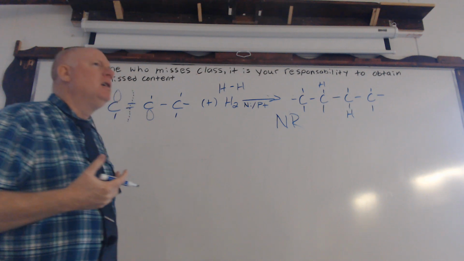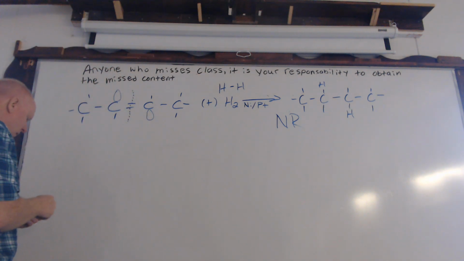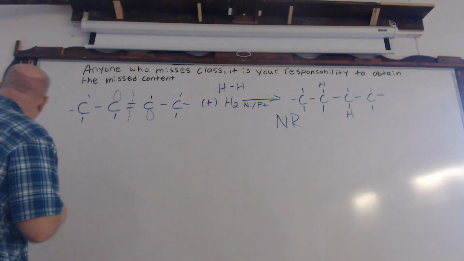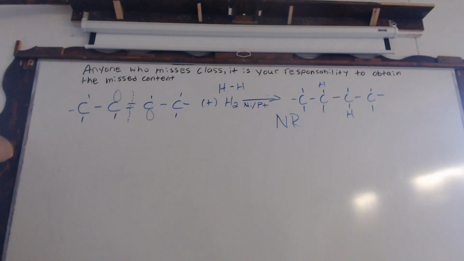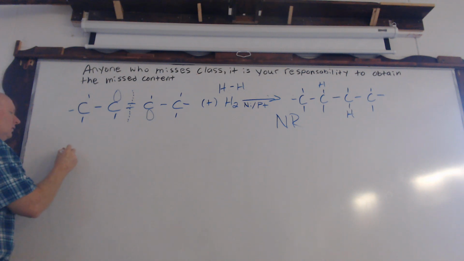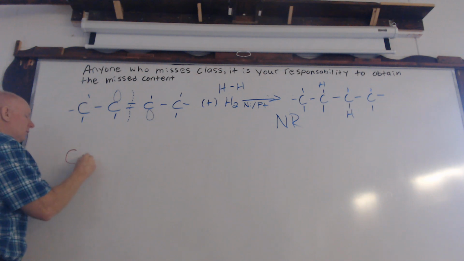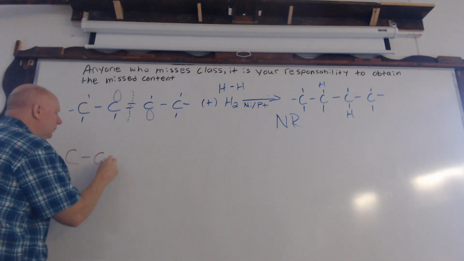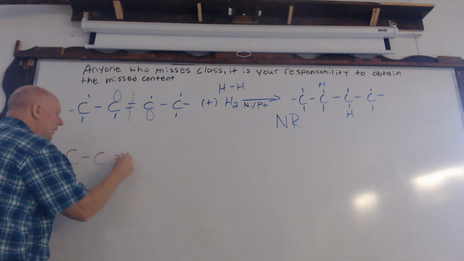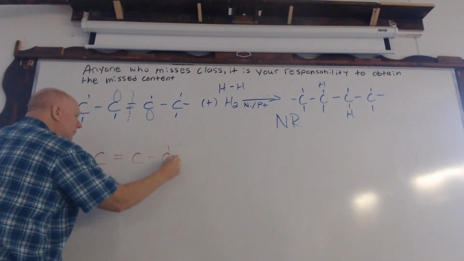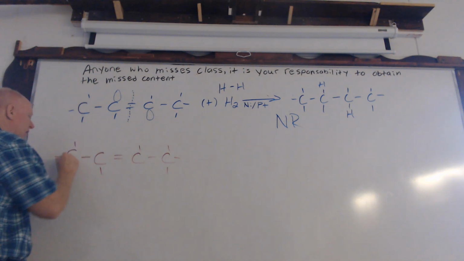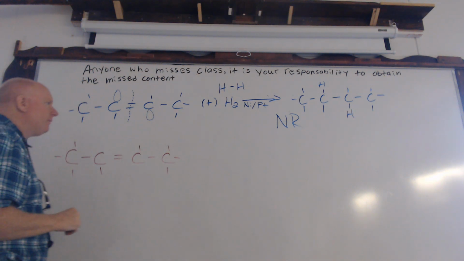Okay? So then the next thing that we would like to do in our types of reactions, and I think it's important to maybe just do something fairly similar because we're in familiar territory here.